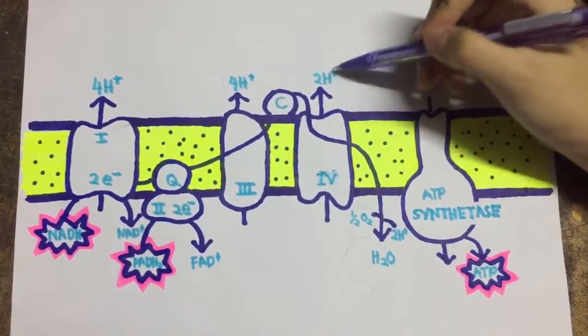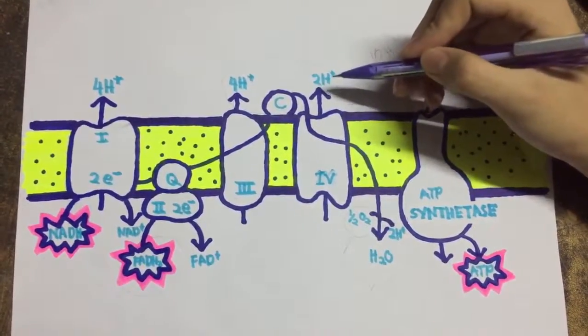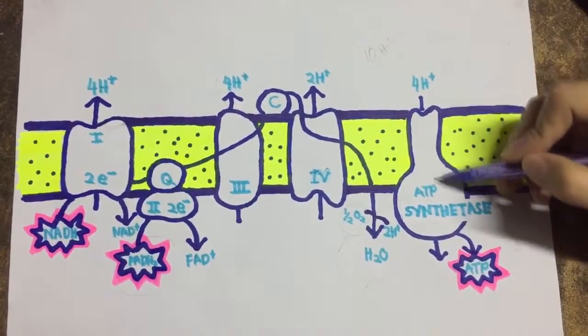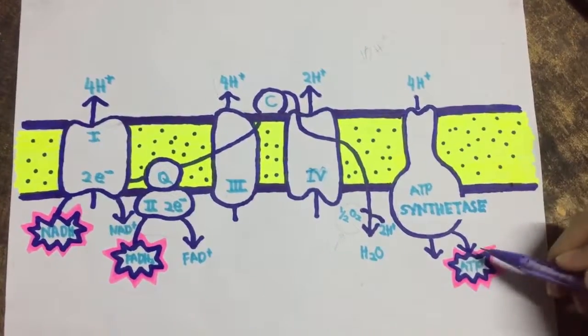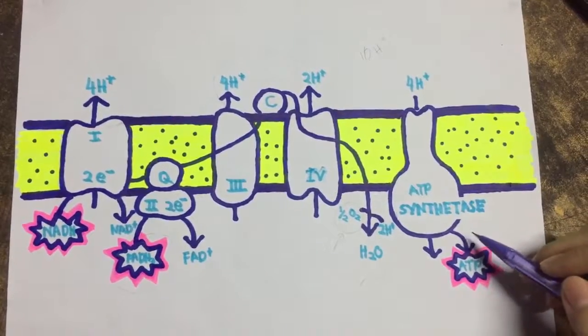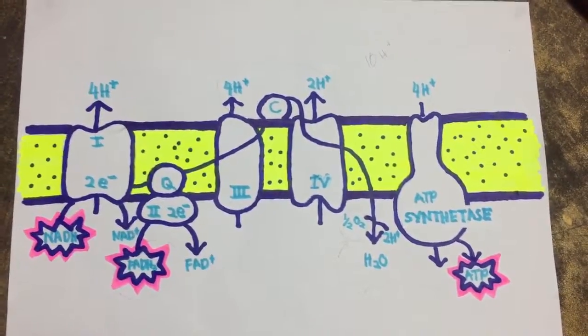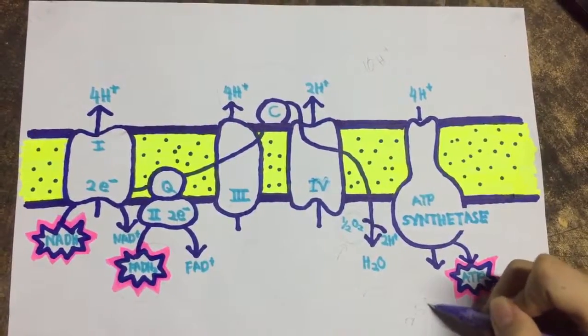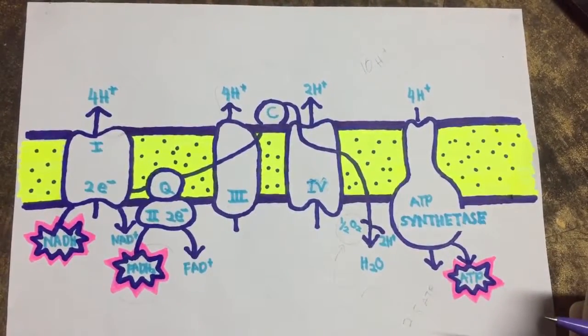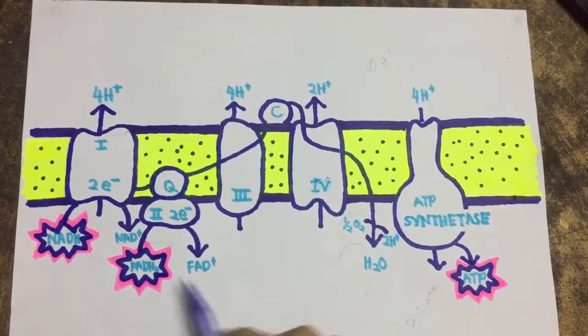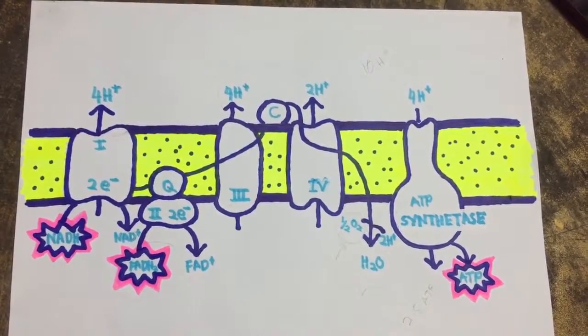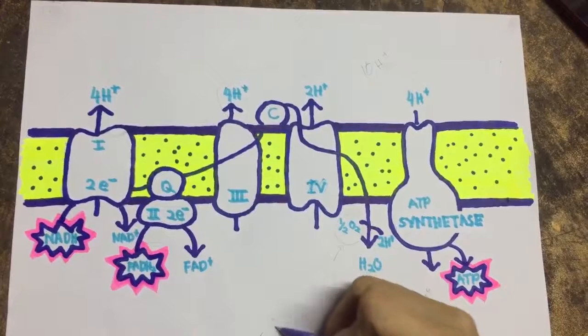Finally, these protons will then flow back through the ATP synthase, and ATP is produced. To sum this up, for NADH as the electron donor, a total of 2.5 ATP is produced, while for FADH2, only 1.5 ATP is produced.